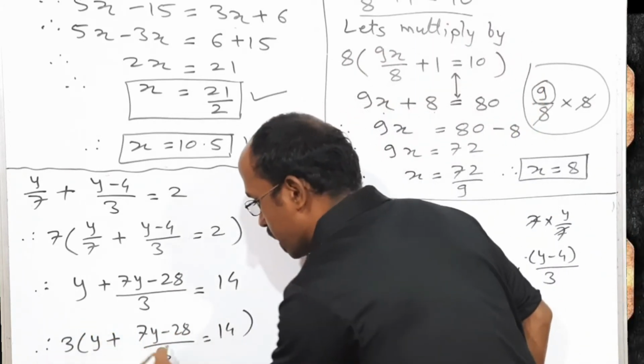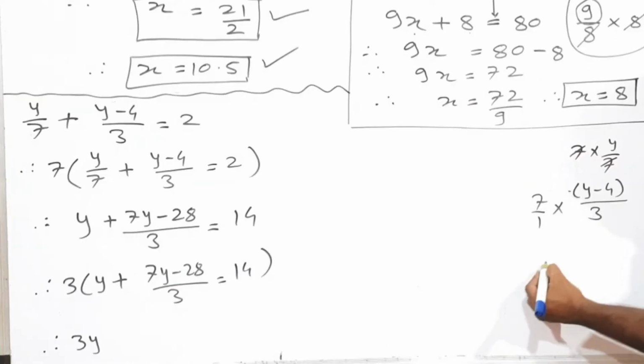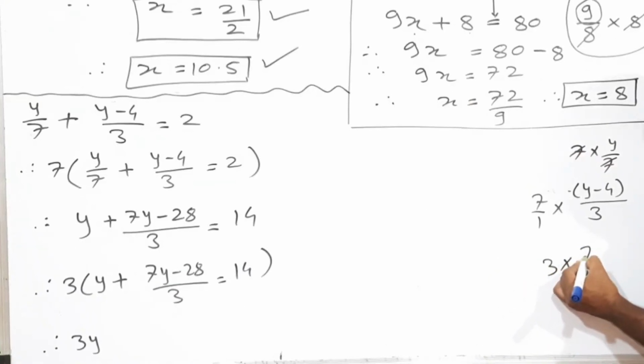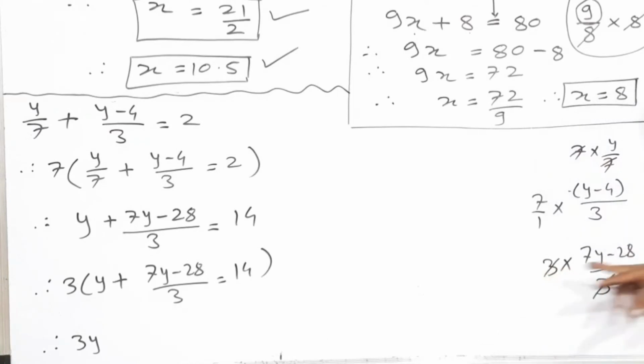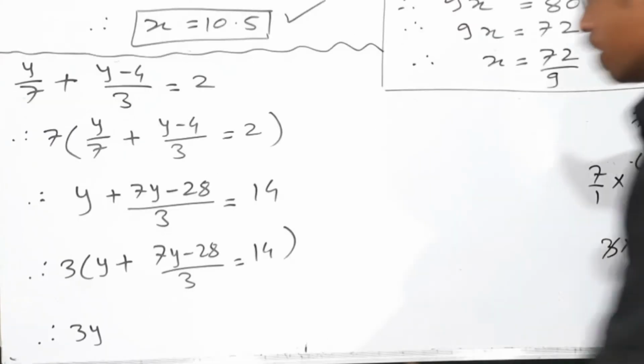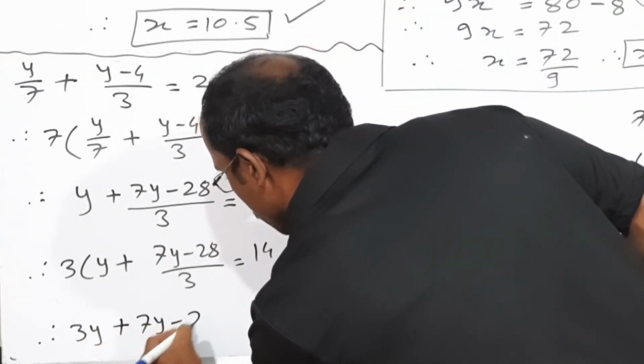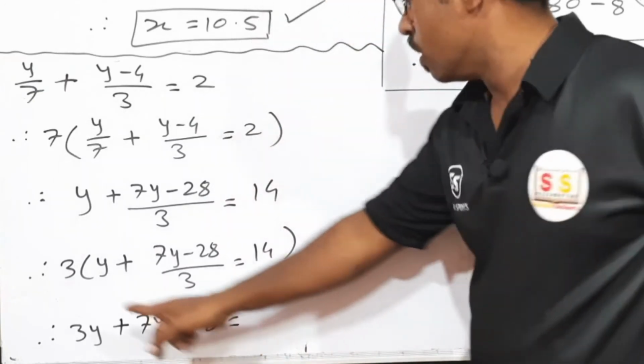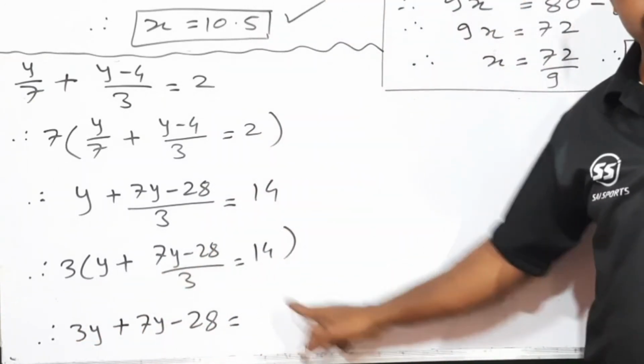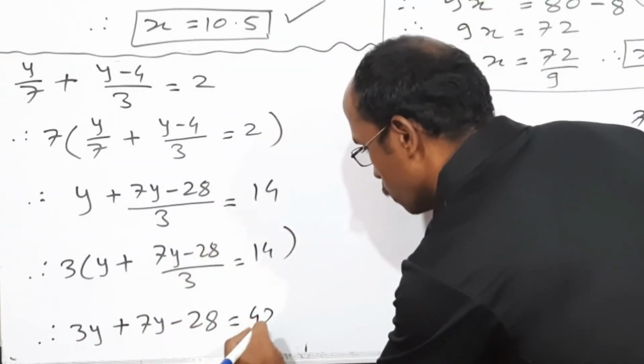The 3 from the numerator and the 3 from the denominator will cut and only 7y minus 28 will remain. So it will be plus 7y minus 28, which is equal to 3 multiplied by 14, 42.